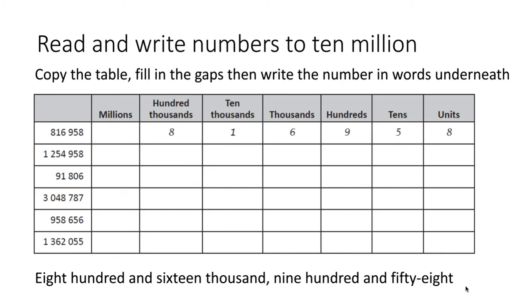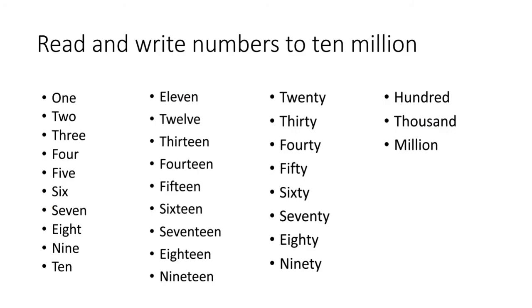There's going to be lots of spellings to do today, so I've written them out for you. First, just our ones digits, our teens, our multiples of 10, then 100, 1,000, million.